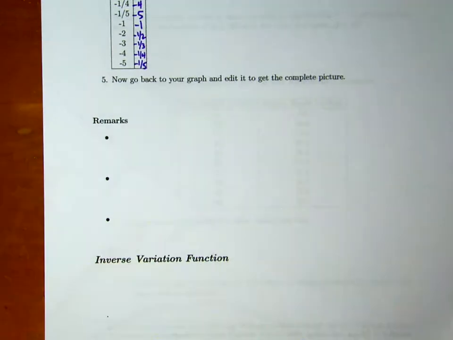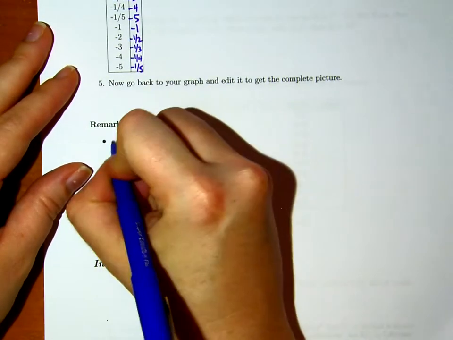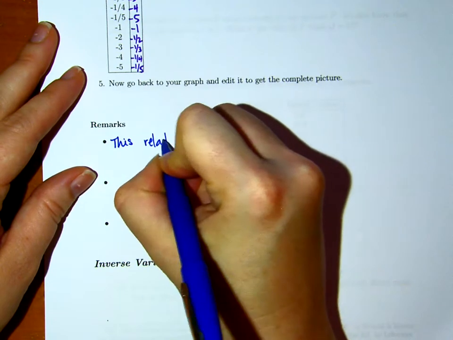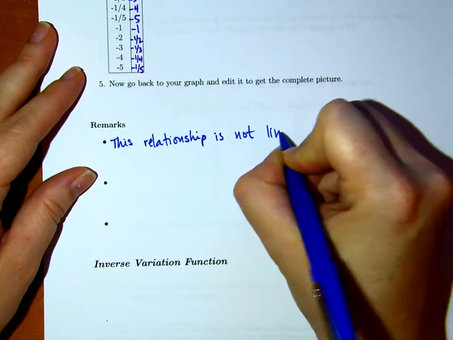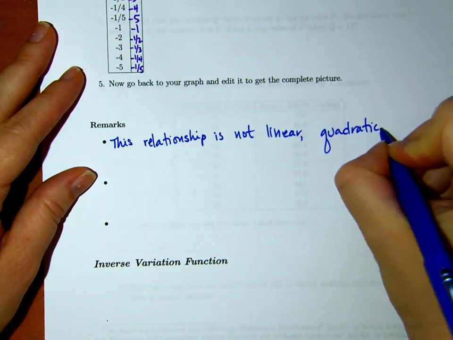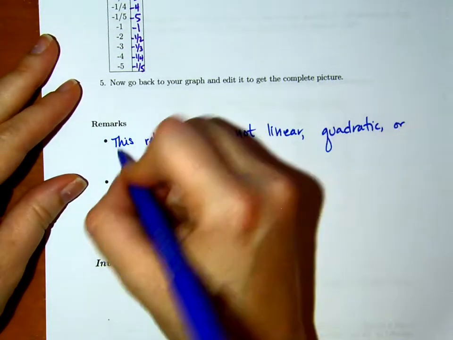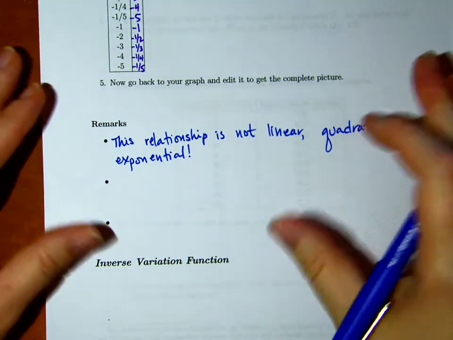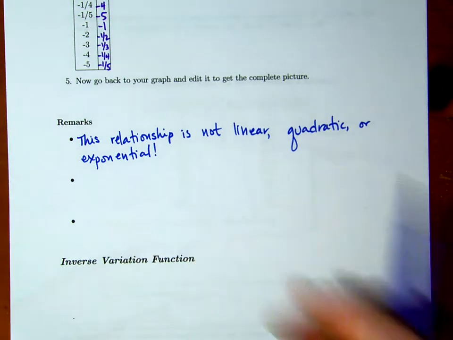Okay, so it is not linear. It is definitely not quadratic or exponential either. So this relationship definitely is a brand new model, a brand new pattern, and the image is certainly different.